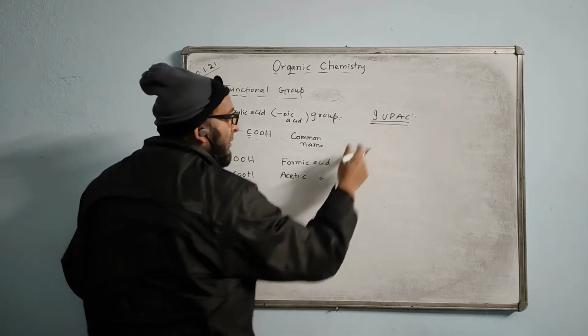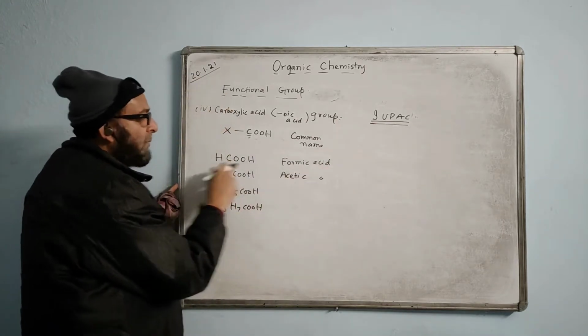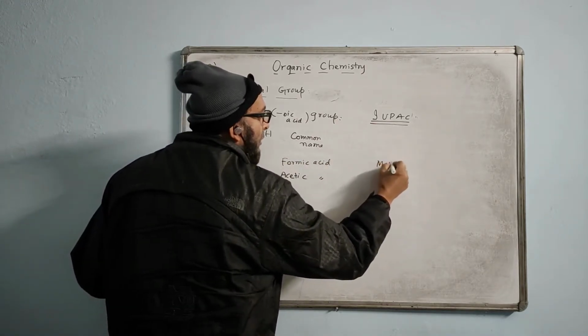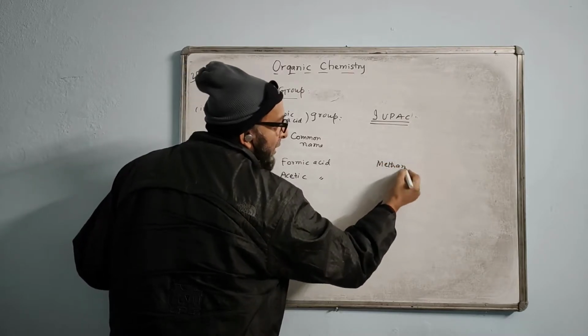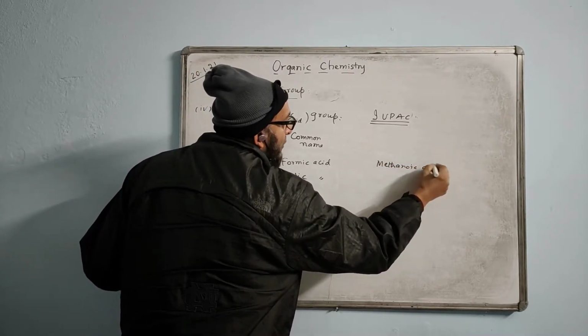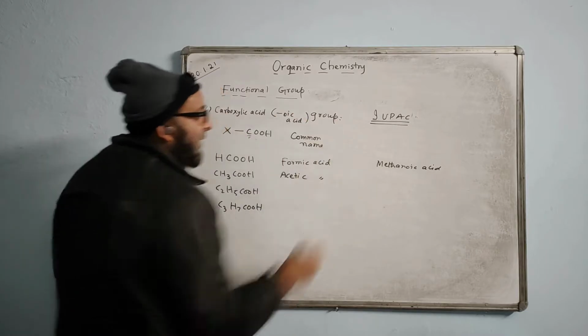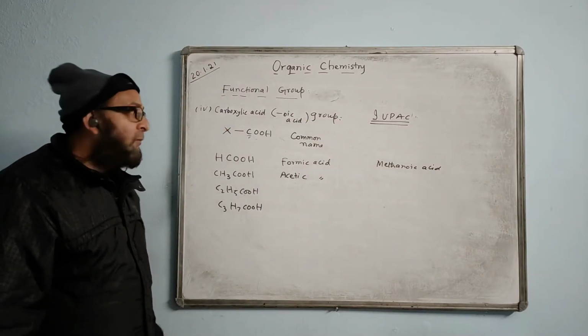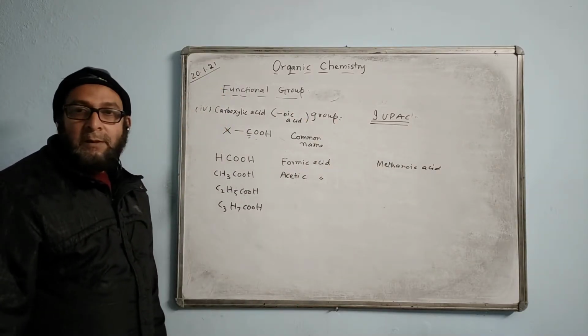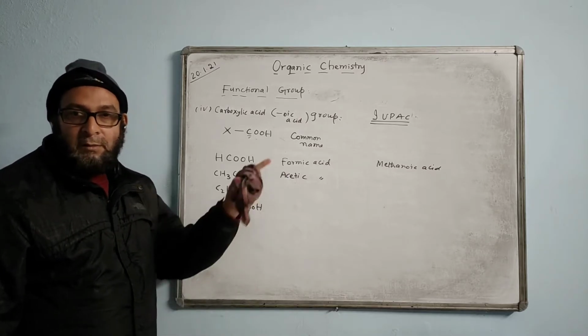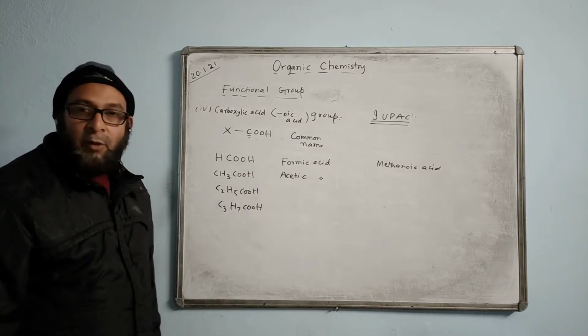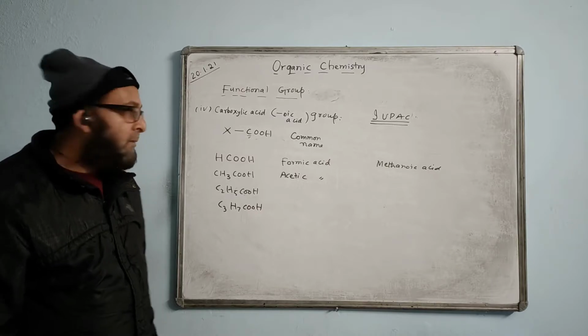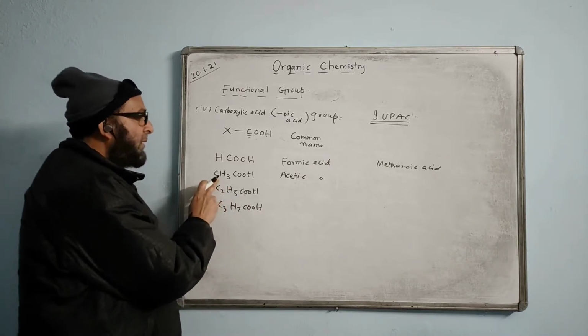Formic acid, IUPAC name: one carbon coming, we call it methane. Methane, first we drop the E and add oic acid. The word oic acid you add. Formic acid is the common name, but the IUPAC name is methanoic acid. Similarly, this one is acetic acid.